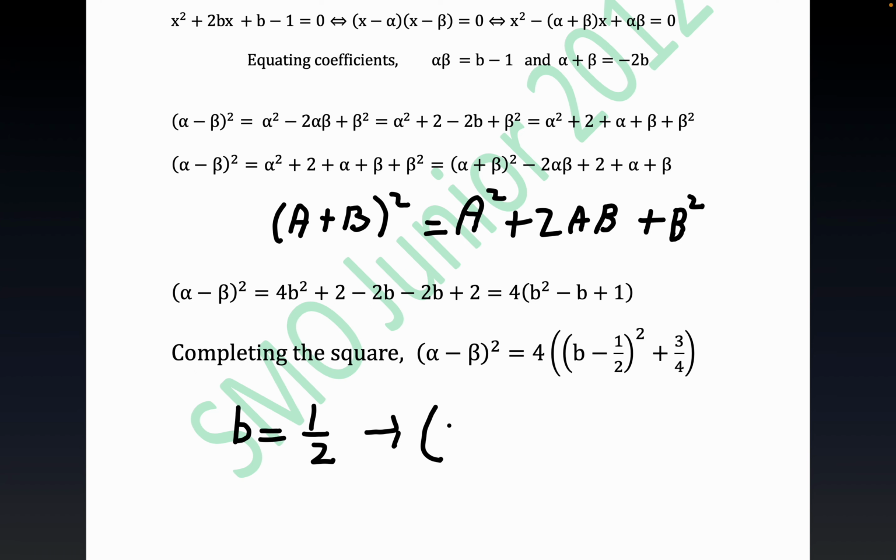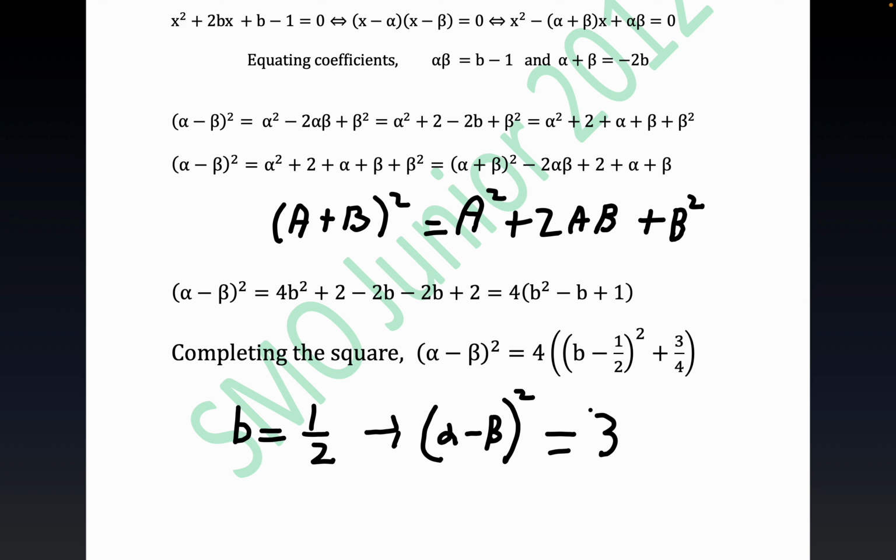It's not so bad, I guess. Alpha minus beta quantity squared is equal to 4 times 3/4. This is 0, 4 times 3/4, so it's equal to 3, right, folks?